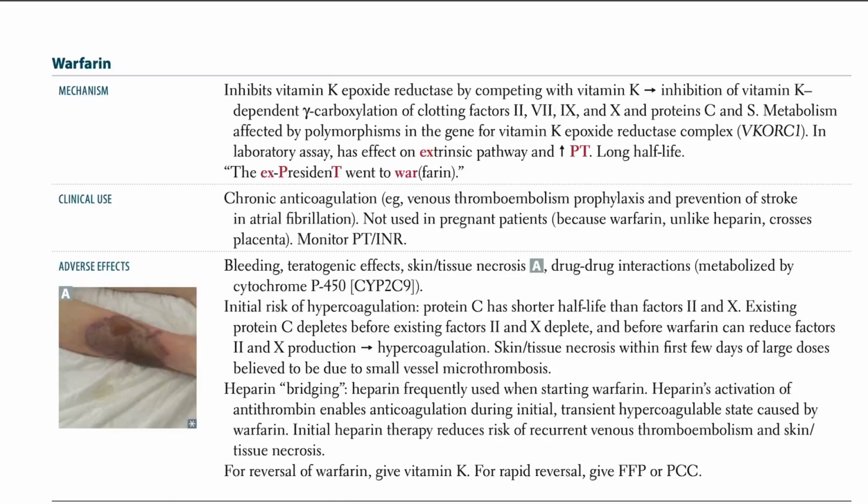Let's talk about warfarin. First thing you got to know is that it has a delayed action, because it has to inhibit the vitamin K activation, right?